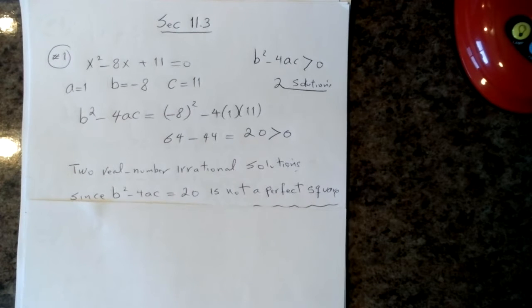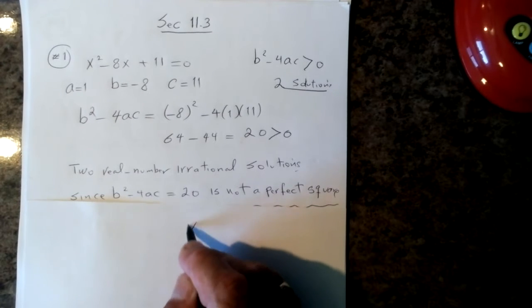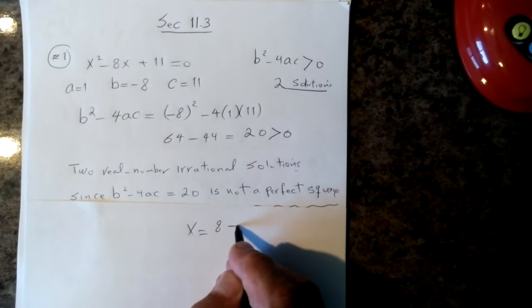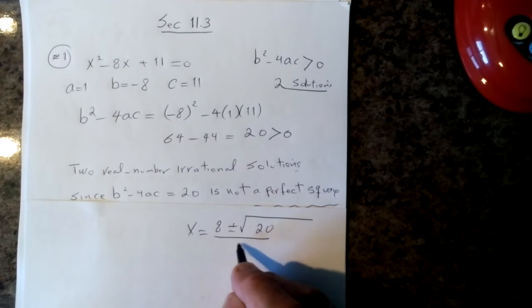And if it's not a perfect square, it means the formula is minus b plus or minus radical 20 over 2a, right?